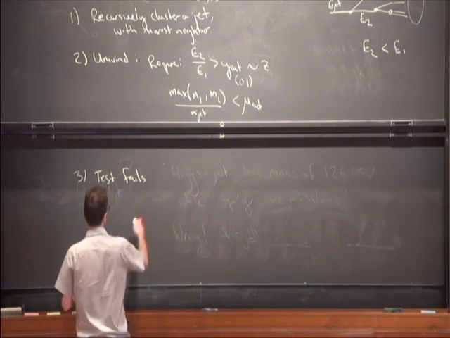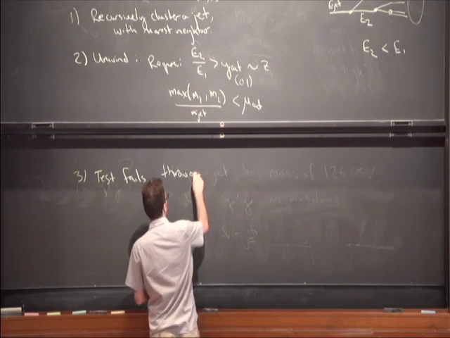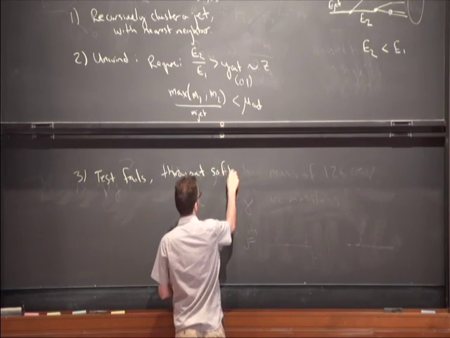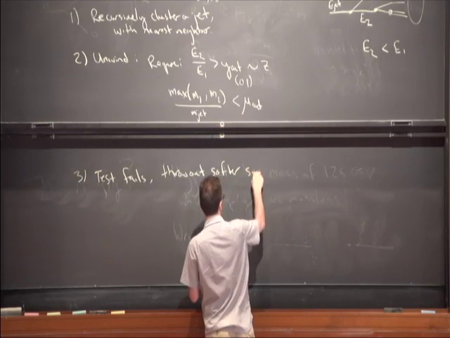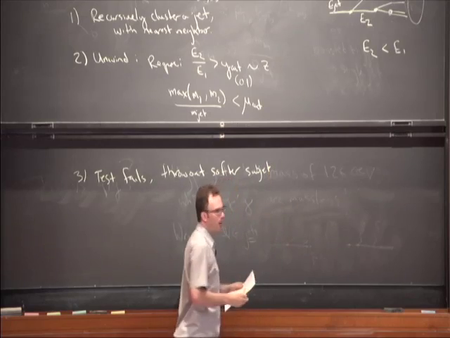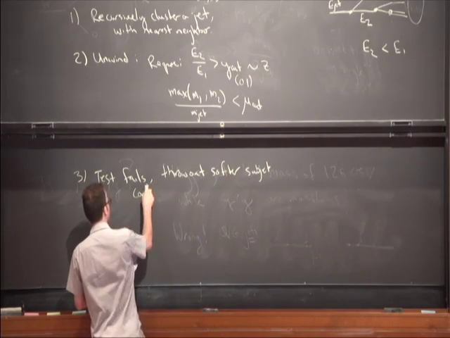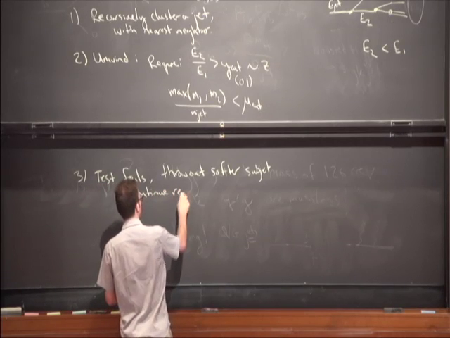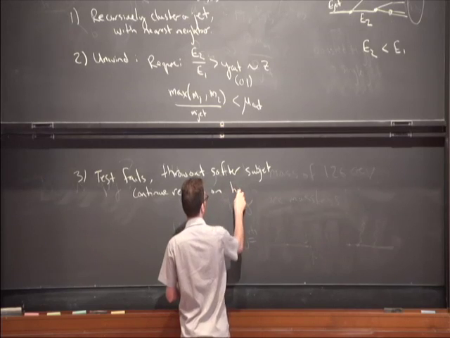So if it fails, then throw out the softer subjet. That is, throw off the soft piece, eliminate it, and then continue the recursion on the harder guy.